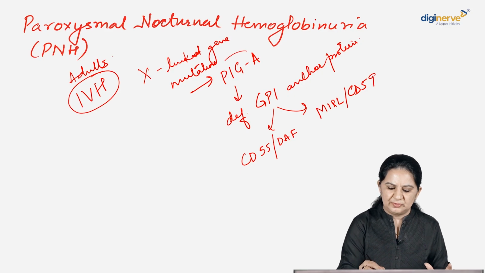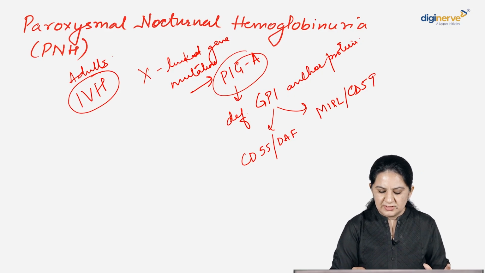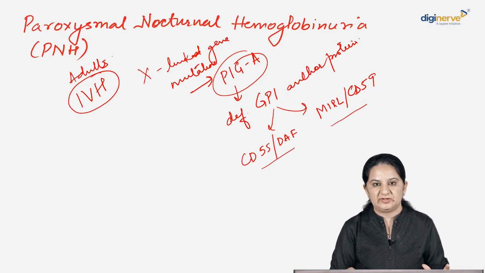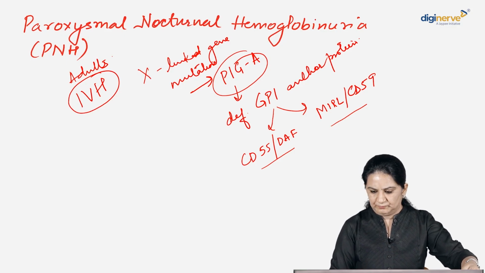So, when there is a mutation in this gene, this leads to deficiency of CD55, DAF, MIRL, CD59, and hence the cells will be lysed by complement activation.